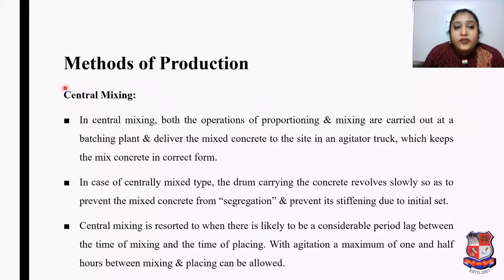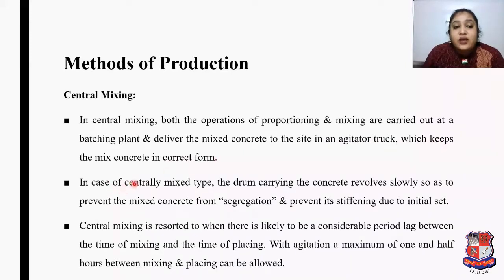Now, central mixing is another method to produce ready-mix concrete. In central mixing, both the operations of proportioning and mixing are carried out at a batching plant, and the mixed concrete is delivered to the site in an agitating truck, which keeps the mixed concrete in the correct form.